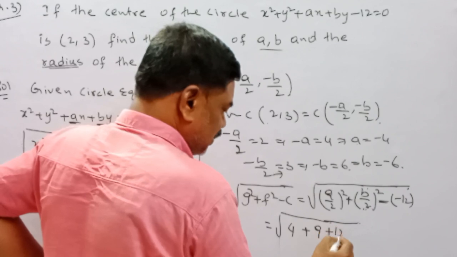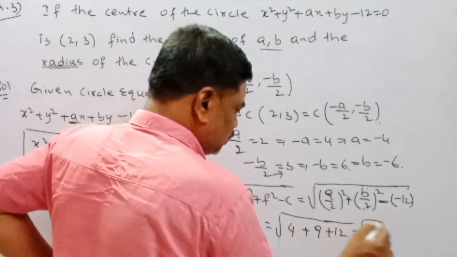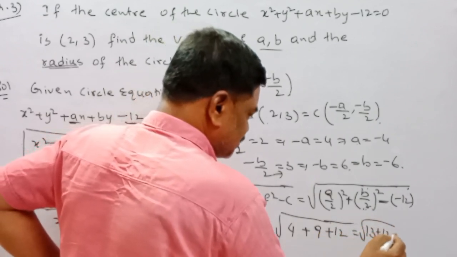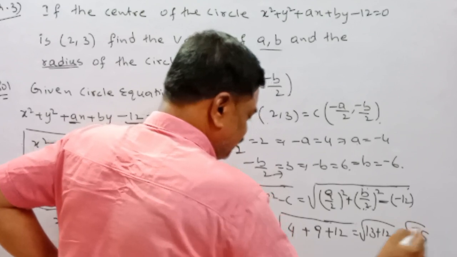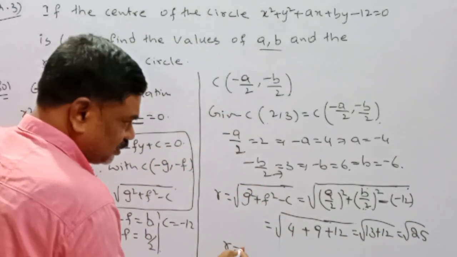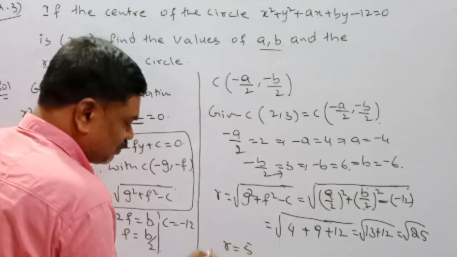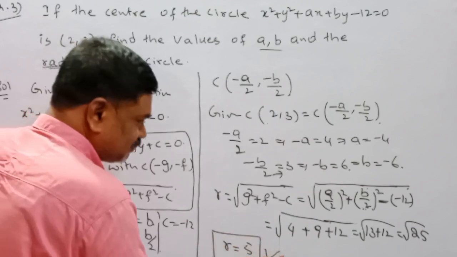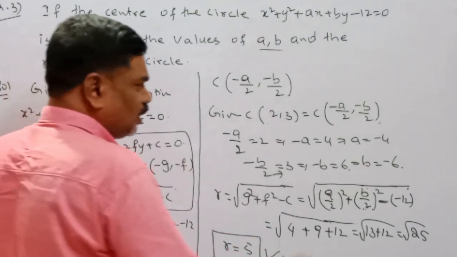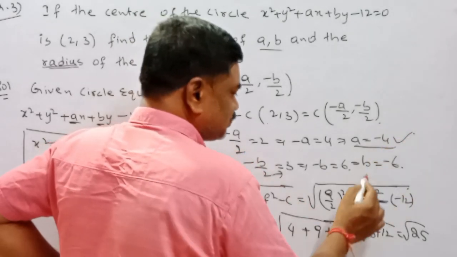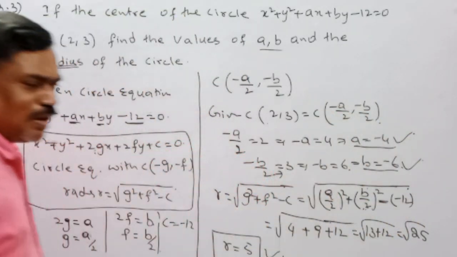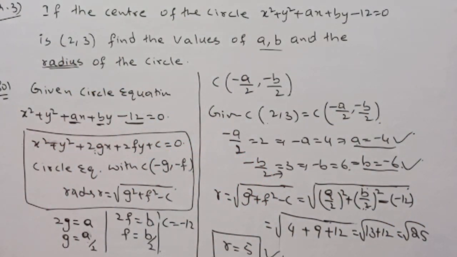Plus 12 equal to root 13 plus 12, which is root 25. R is equal to root 25, value 5. Radius of the circle is equal to 5, and a is equal to minus 4, b is equal to minus 6. Okay, all of you. That's all. Thank you.